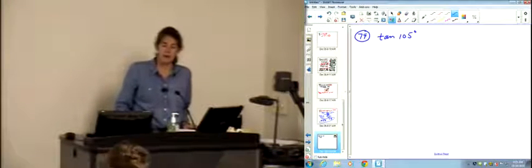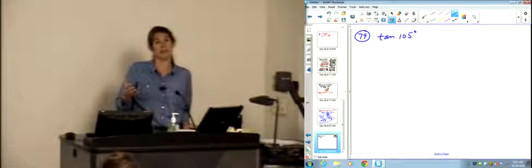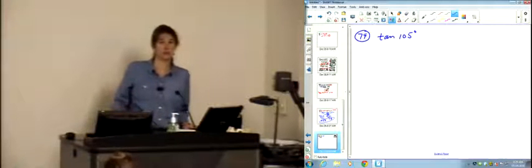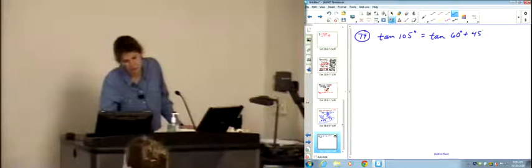Now, this one doesn't tell us which formula to use, but I would first think, can I use something where I add values together or subtract values? And I think you can see pretty quickly that this is the same as 60 degrees plus 45 degrees.